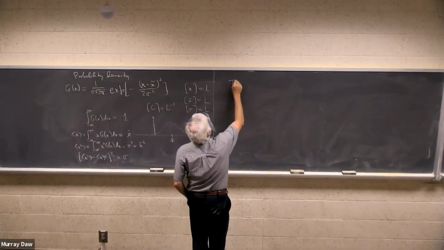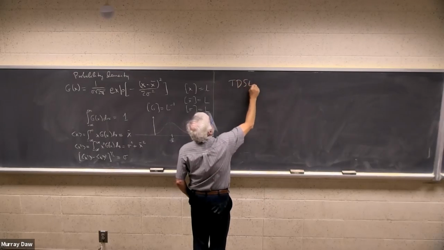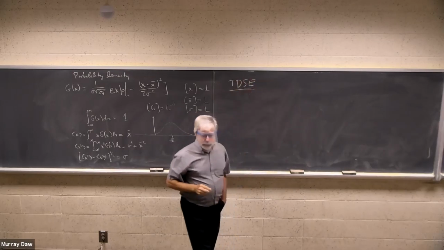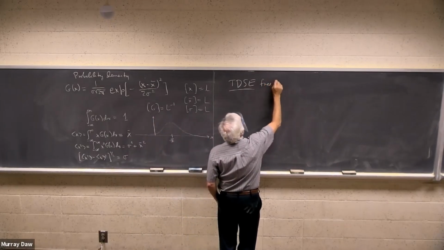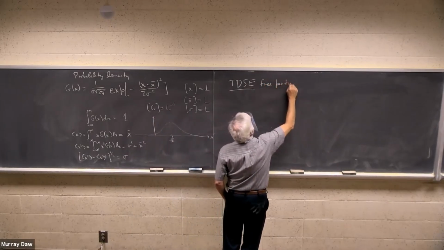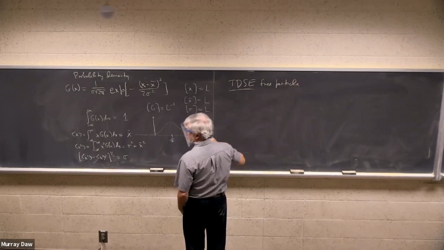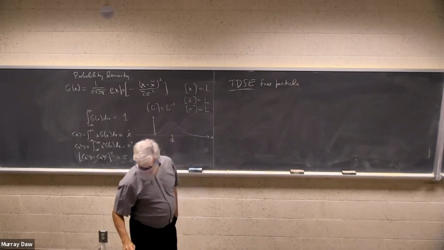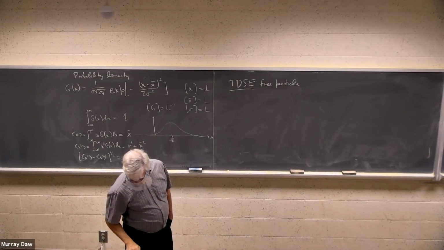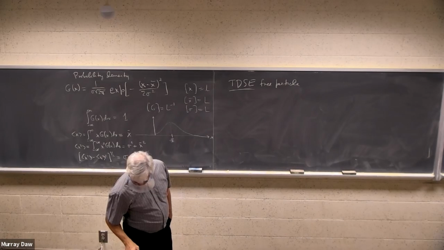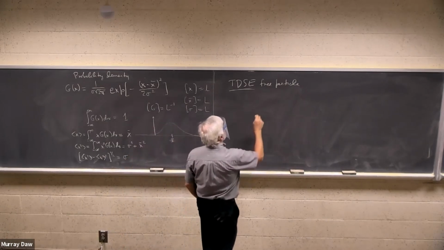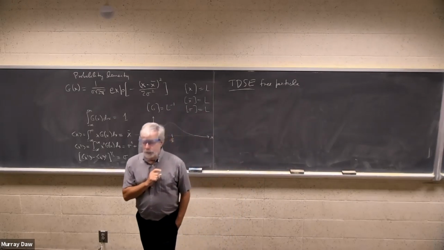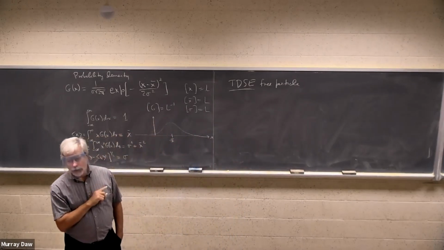Okay, so let's consider the time-dependent Schrodinger equation. Go back to the time-dependent Schrodinger equation for a free particle. Remind me, let's write down the time-dependent Schrodinger equation for a free particle.